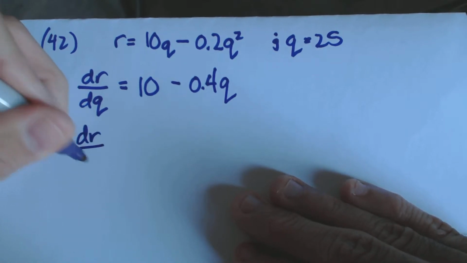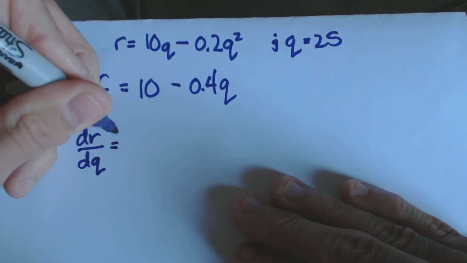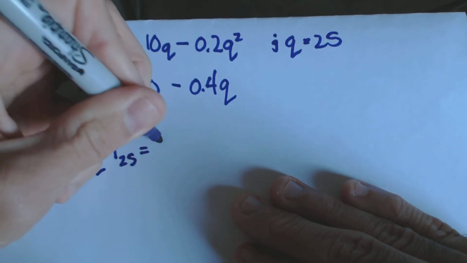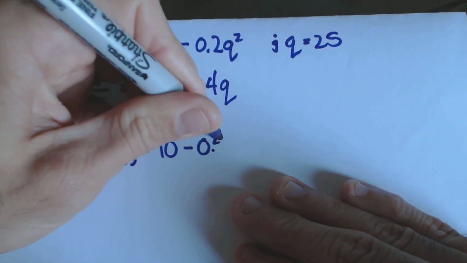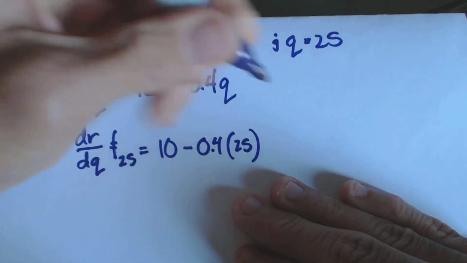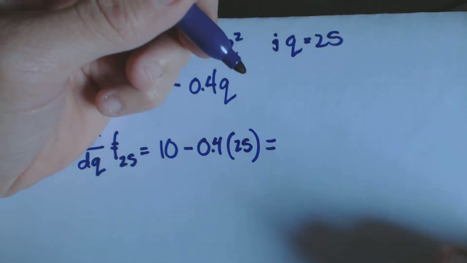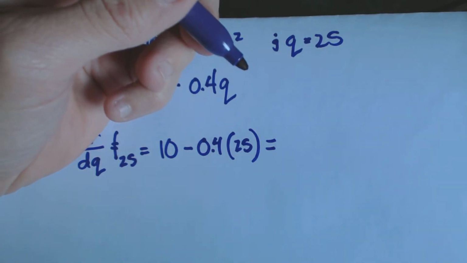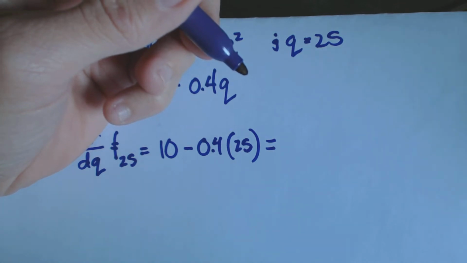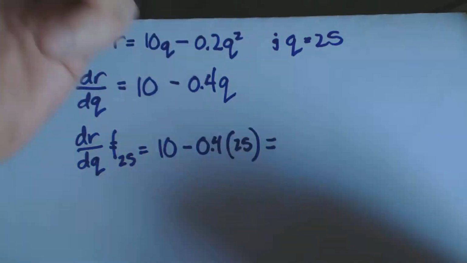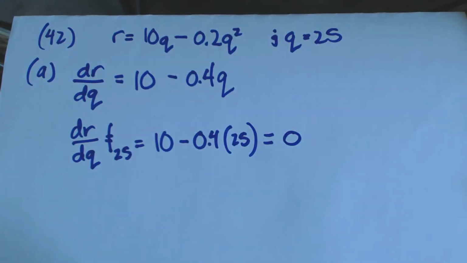And now we want to evaluate this at the quantity level of 25. So 10 minus 0.4 times 25, which equals 10 minus 10, which is 0.